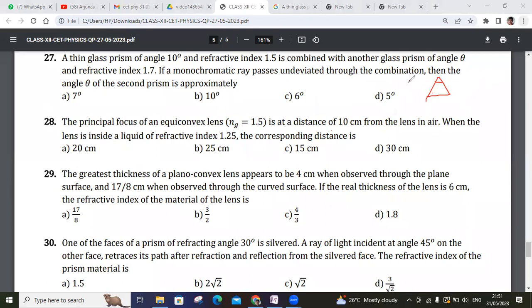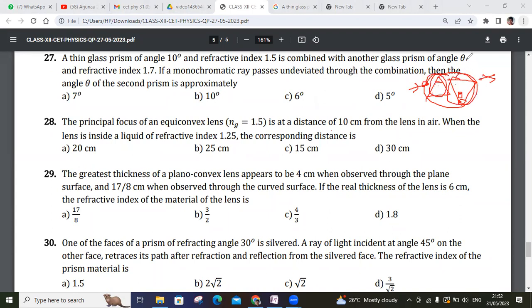If a monochromatic ray passes undeviated through the combination, it goes like this undeviated. They are asking this theta. When this can happen, the deviation produced by this should be equal to the deviation produced by this. Then there will be no deviation.